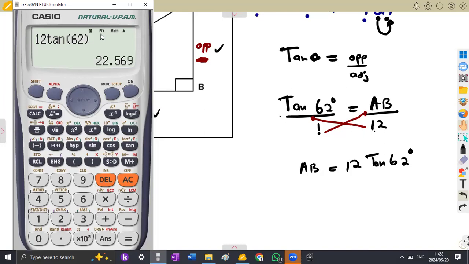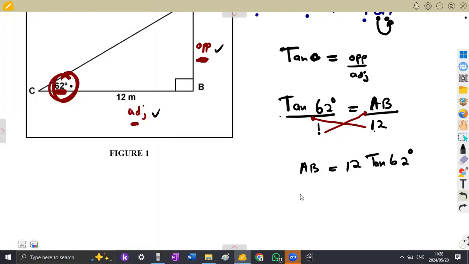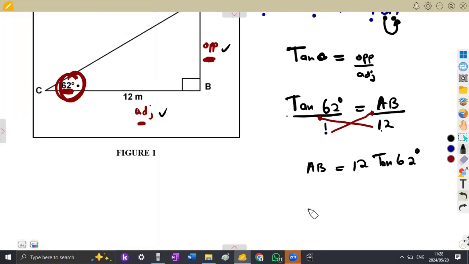Remember, our calculator is fixed to 3 decimal places. So we're going to have 12.569. So AB, the length of AB, is 12.569 meters. Remember, this was given in meters. So this length also is going to be in meters.